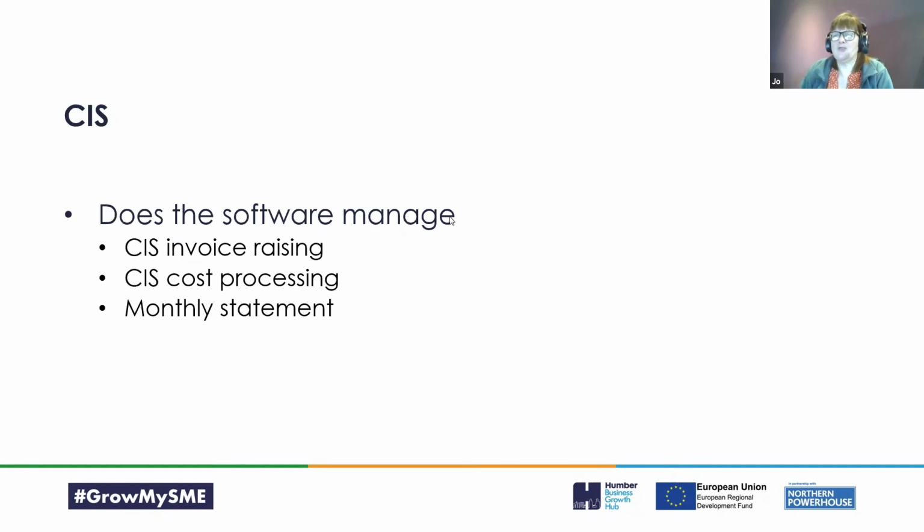Construction Industry Scheme. So CIS, that's what that stands for. It's something that you'll either be aware of because it's an industry that you're in, or you might not have ever heard of it because it's not an industry that you're in. But if you are a constructor or somebody who supports construction, which can even be cleaning on a construction site, then you must register for the Construction Industry Scheme.